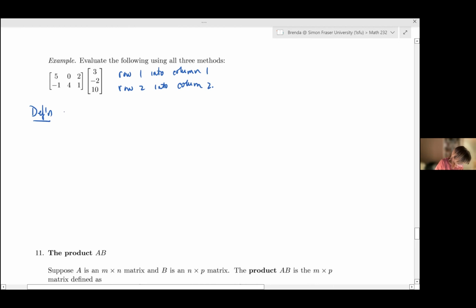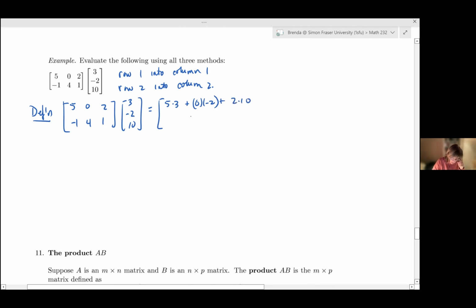I'm going to be thinking of it this way: 5, 0, 2, minus 1, 4, 1, 3, minus 2, 10. I'm thinking of it then this way: 5 times 3 plus 0 times minus 2 plus 2 times 10. First row into the first column.